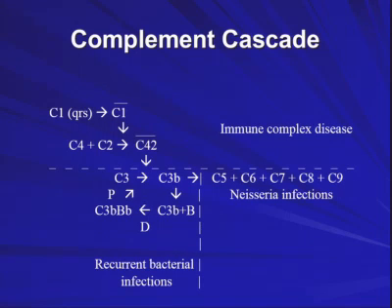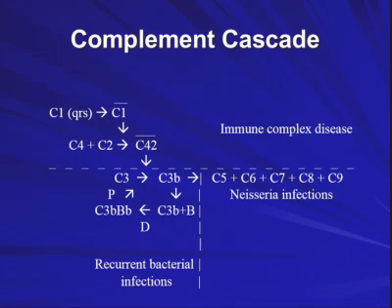Now, there's an alternative pathway of complement activation where there are proteins, factor D, which is an enzyme, factor B, which is a binding protein, and factor P, which is a stabilizer, that can also cause this reaction to occur. And interestingly enough, defects in these proteins, C3, factor P, factor B, or factor D, result in recurrent bacterial infections like antibody deficiencies have, recurrent ear infections, sinus infections.